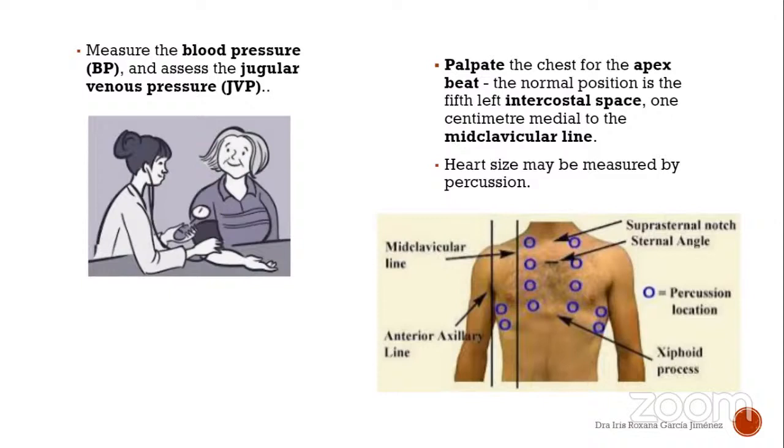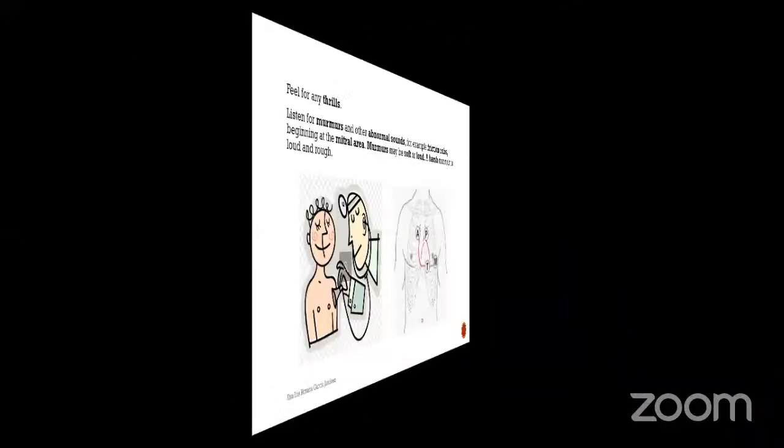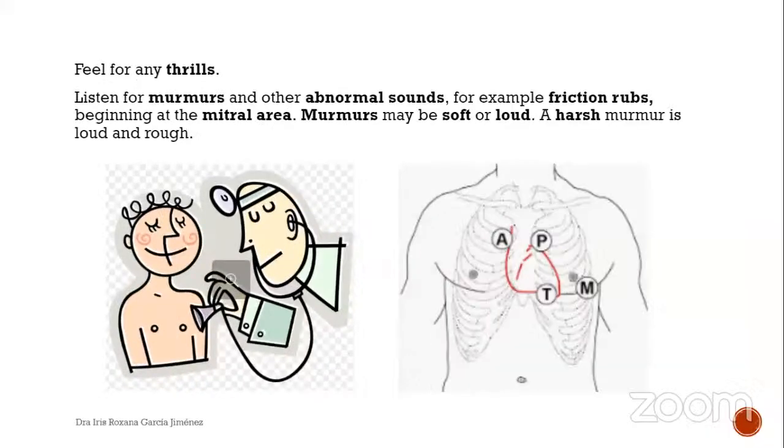It's normal to work with a partner and find these anatomical landmarks. While auscultating, we must feel for any thrills, listen for murmurs and other abnormal sounds, for example, friction rubs or the beginning of the mitral area.